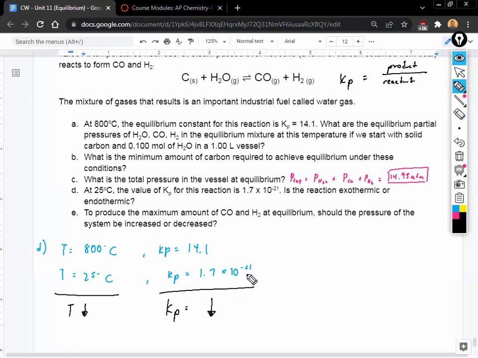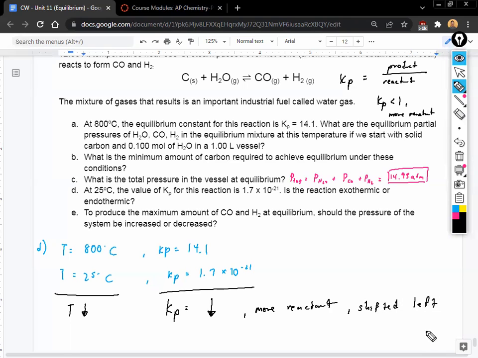If it's times 10 to the negative 21, is the numerator bigger or the denominator bigger? The denominator is bigger, right? Because if Kp is less than 1, we have more reactant. And here we have a lot more reactant. So if Kp went down, that means we have more reactants. Make sense? So if we have more reactants now, did the equilibrium shift to the left or to the right? Yeah, shifted left.